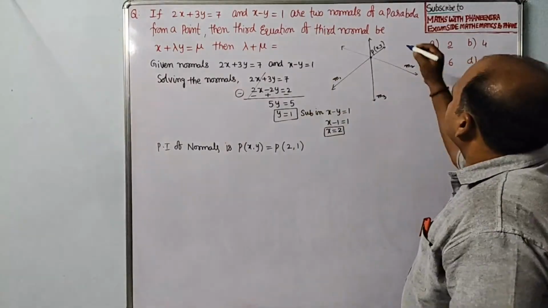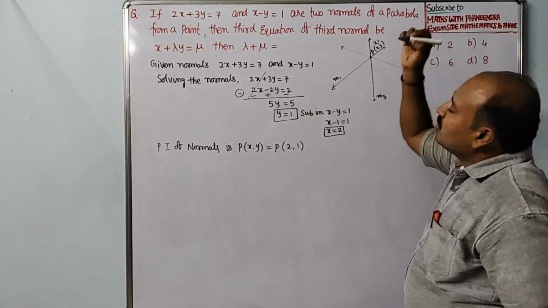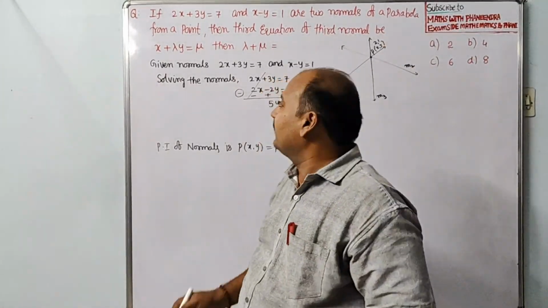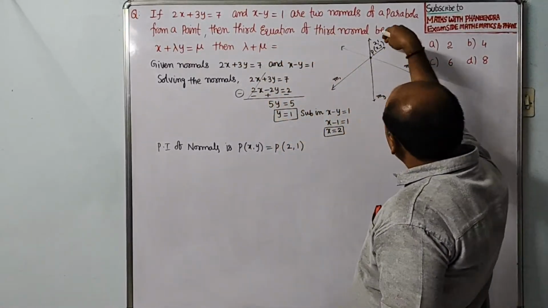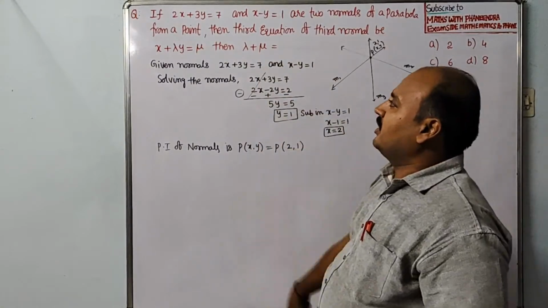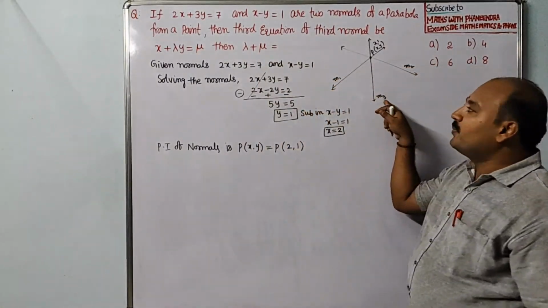We got it. What they are asking to find is the third normal, which is also passing through the same point 2 comma 1, whose slope is m3.